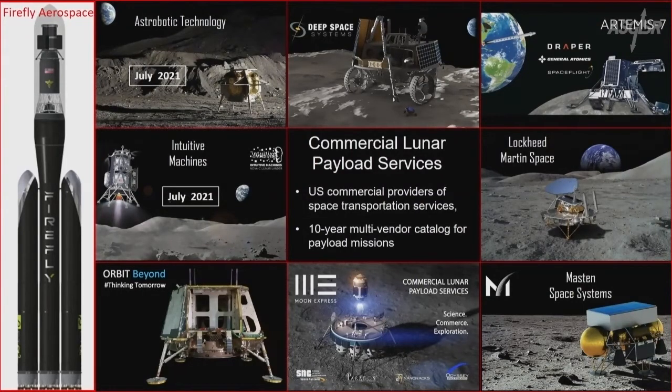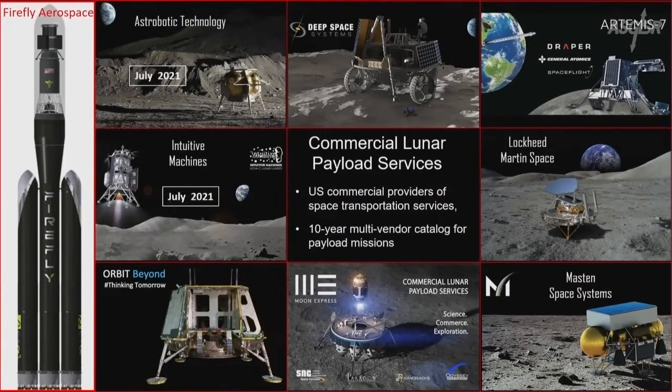These are organizations that are moving forward with their concepts of being able to land on the moon or orbit the moon and provide us opportunities for NASA experiments and NASA-funded researchers to be able to propose experiments and put them on these systems that then will land on the surface of the moon.